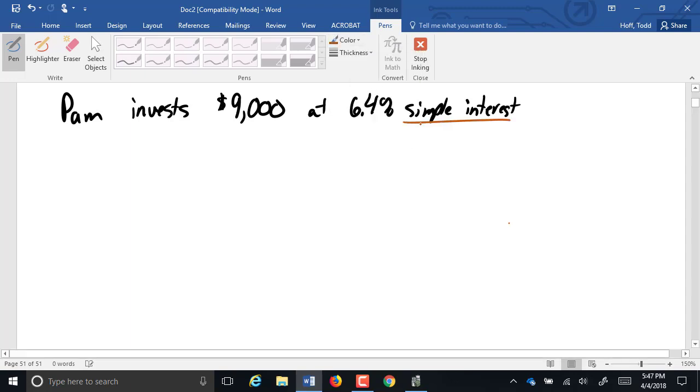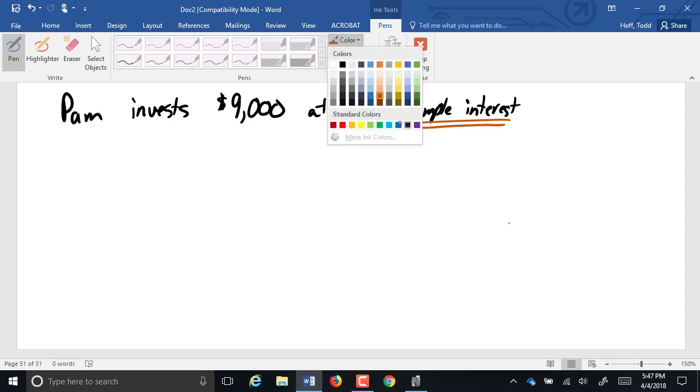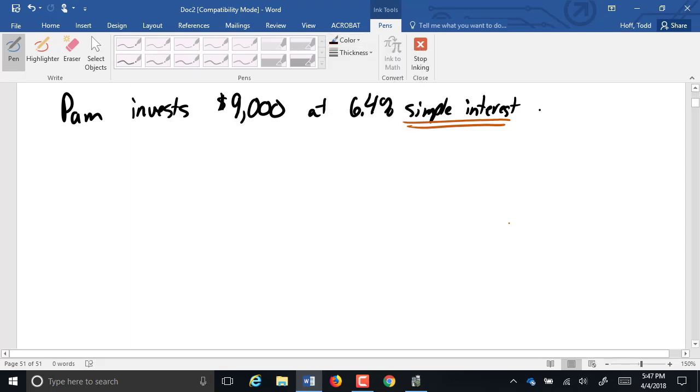Side note, I'm going to stop saying simple interest, because from now on, unless it says otherwise, we're going to assume it's simple interest. For 3 months. What is Pam's final balance?